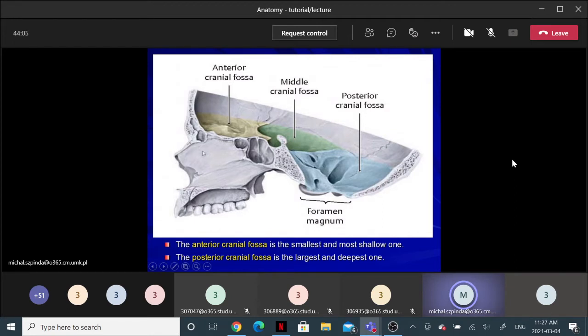The nasal cavity is between the internal cranial base, between the anterior cranial fossa and the oral cavity. And just here in the middle, the internal cranial base is separated from the external cranial base by the sphenoid body.